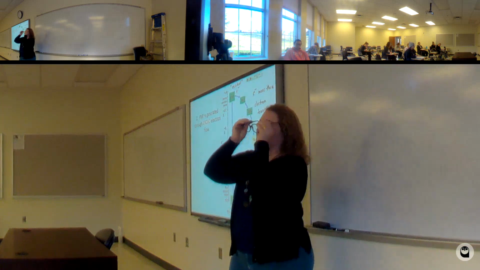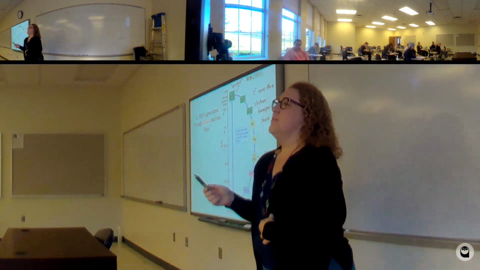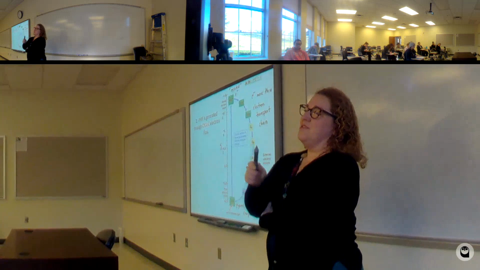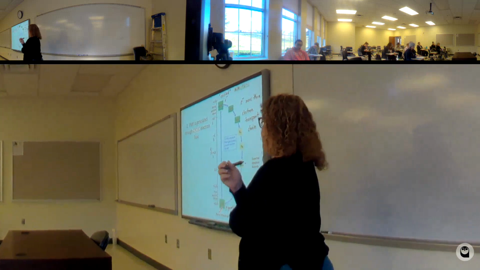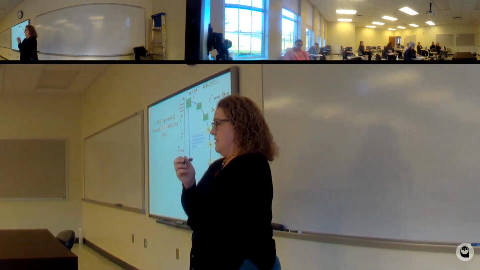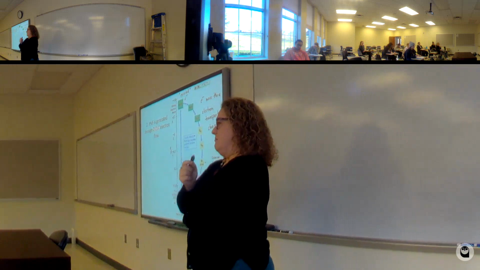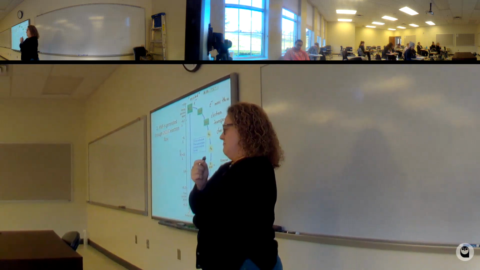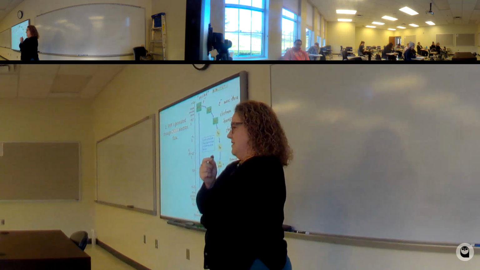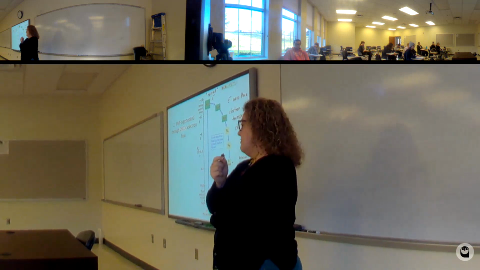So in plant biology, reach back, what is the shape that we tend to draw electron flow for a plant? It's called a blank scheme. It's not a circle, it's something else.